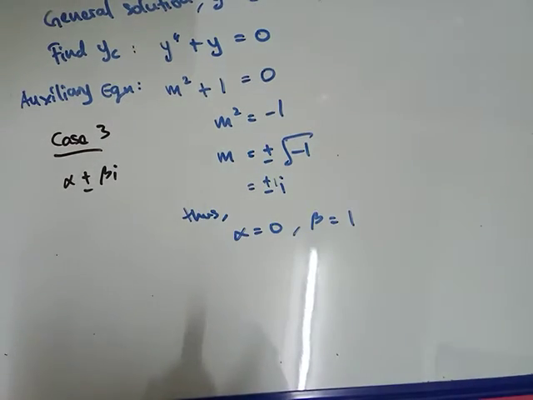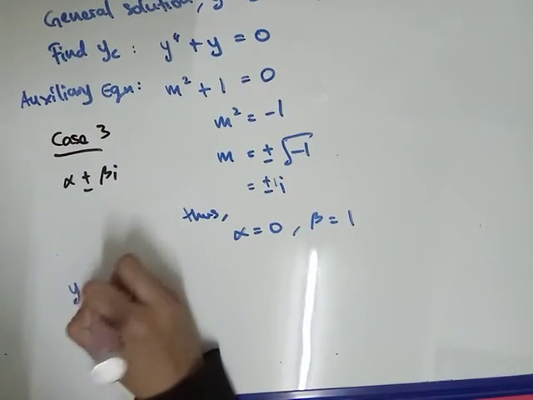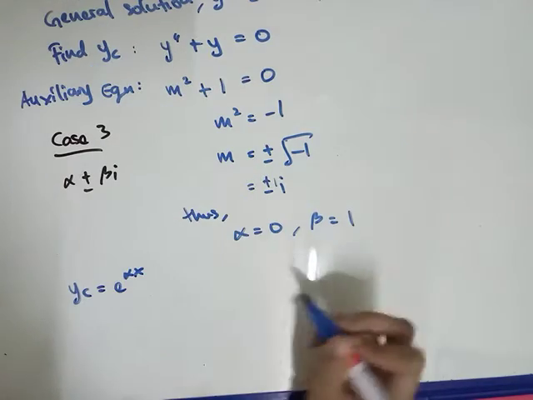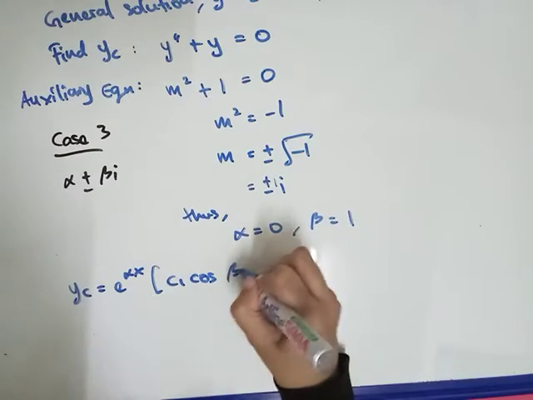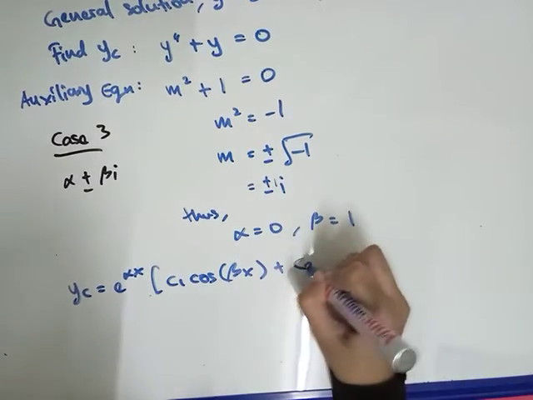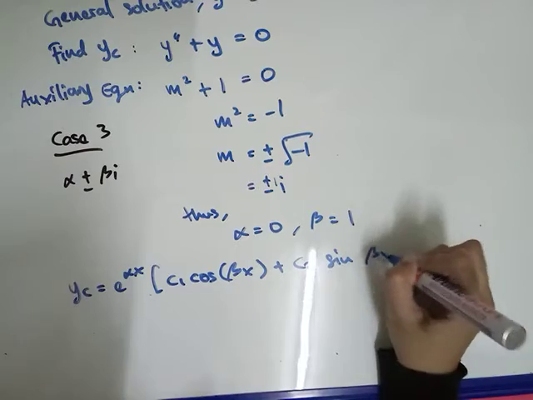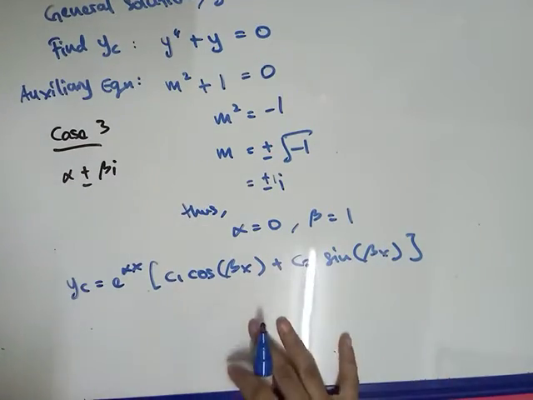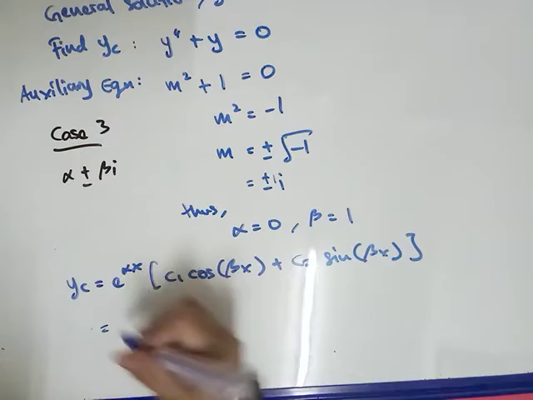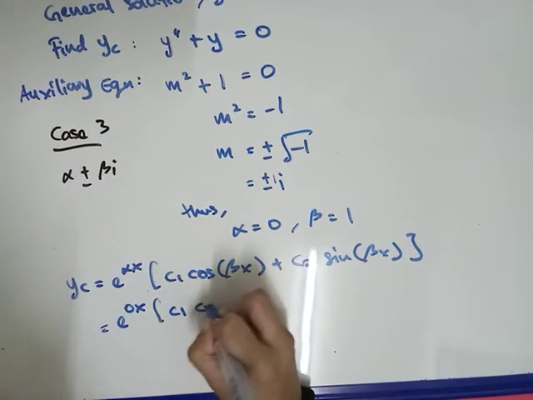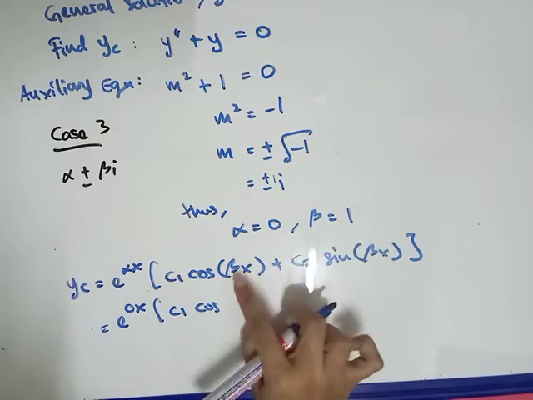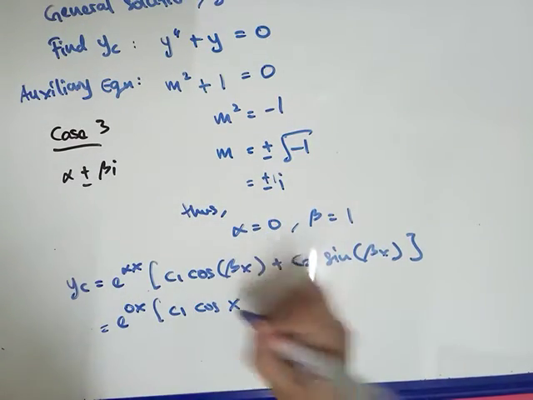And then substitute into the equation for yc. For yc, we know that it is e to the power alpha x times c1 cos beta x plus c2 sin beta x. We know that alpha is 0, so e to the power 0x. Beta is 1, so 1 times x is x.